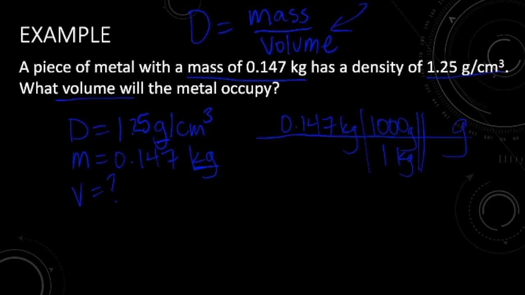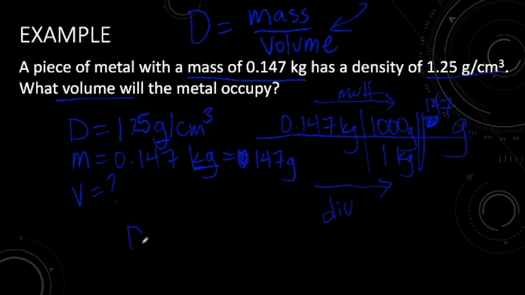That means we get 147 grams as our mass. So 0.147 kilograms equals 147 grams of our metal.